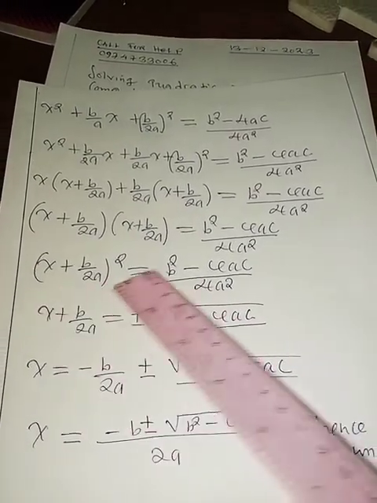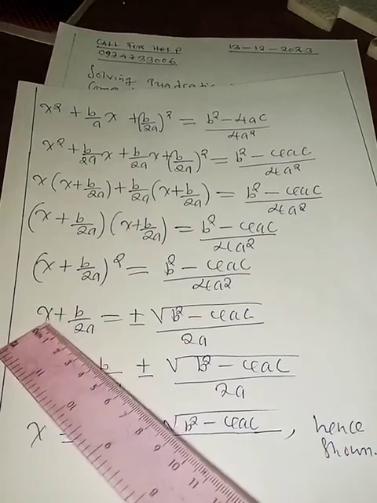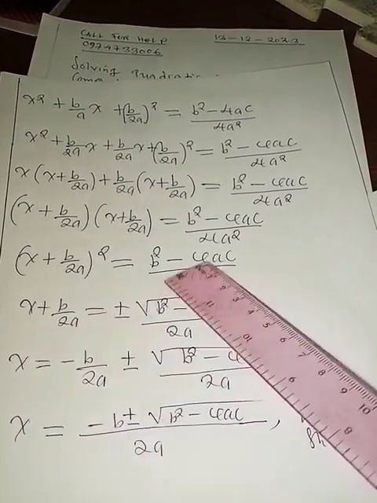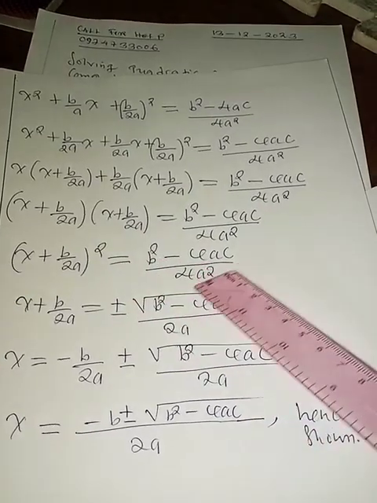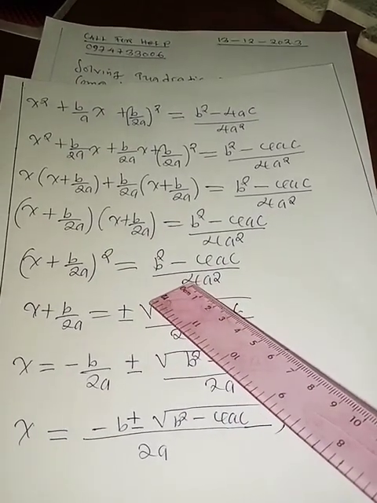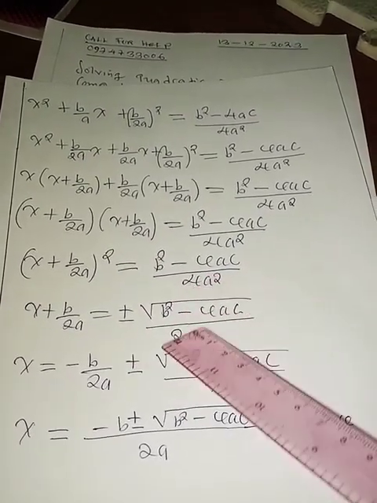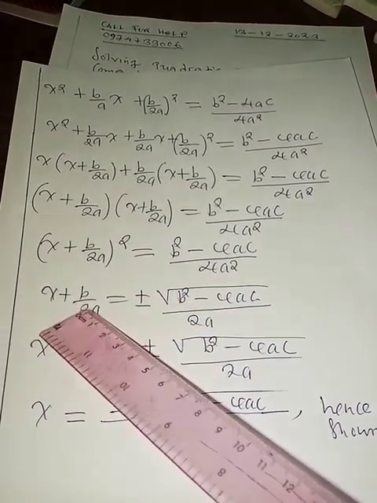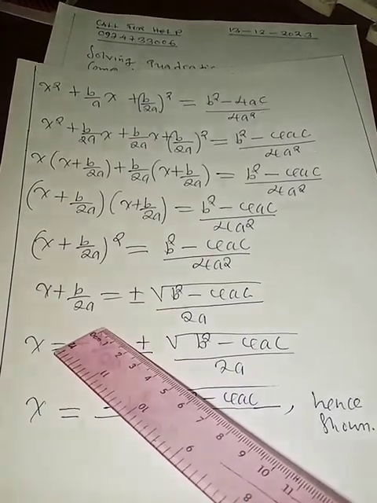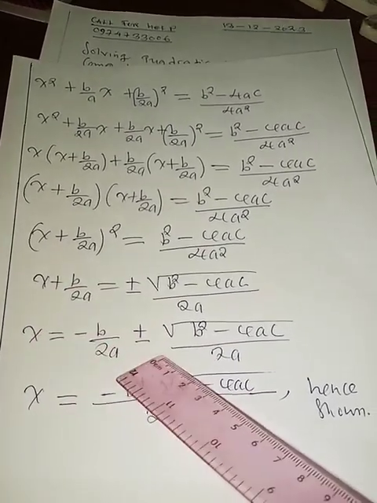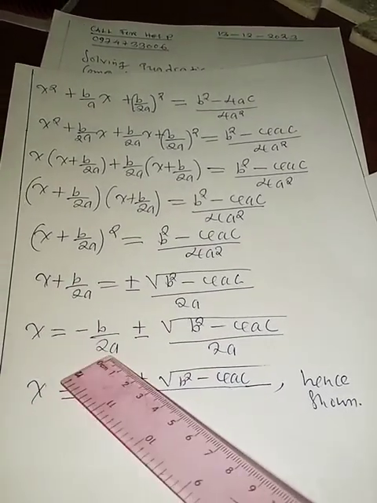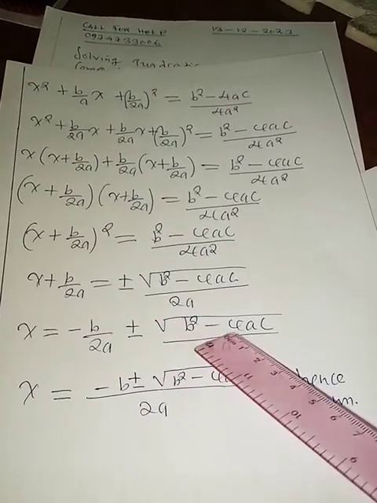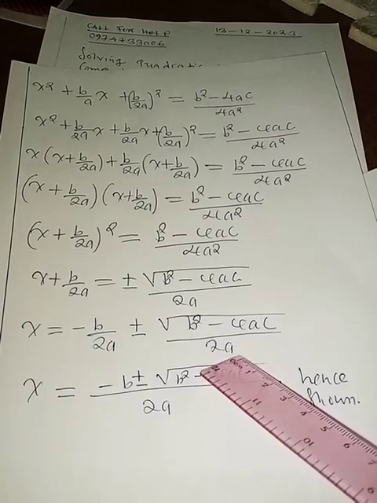Now I'll introduce the square root on both sides, and then I have x plus b over 2a is equal to positive or negative the square root of b squared minus 4ac over, now the square root of 4 will be 2, and the square root of a squared will be just a. This is what I have. From here now, I'll take this term to the other side, or we can say we introduce the additive inverse of b over 2a, and then we'll have x is equal to negative b over 2a plus or minus the square root of b squared minus 4ac over 2a.